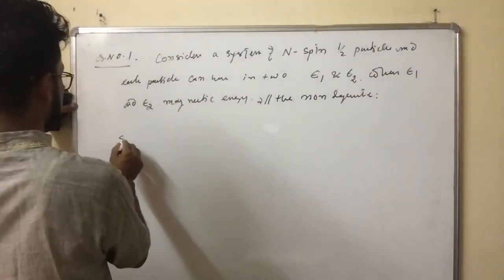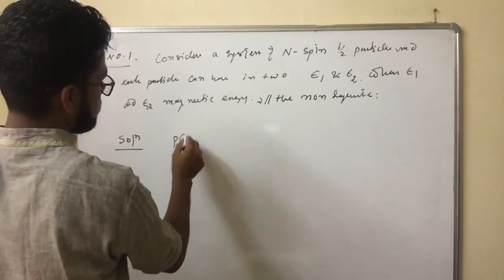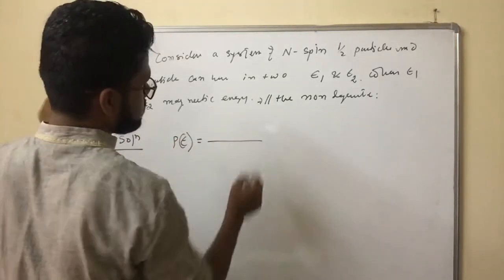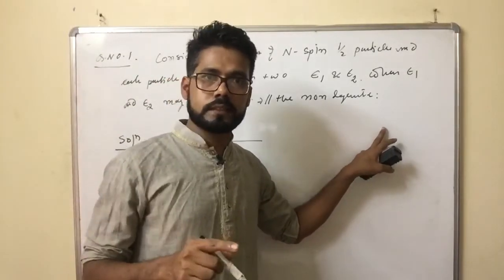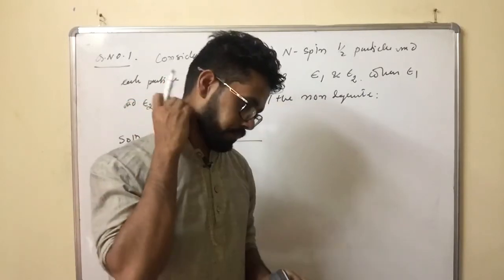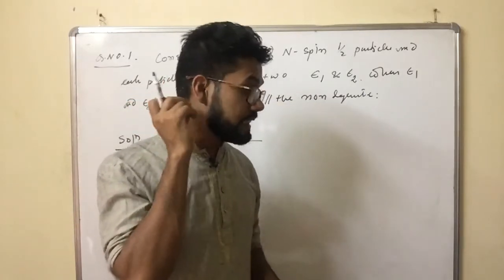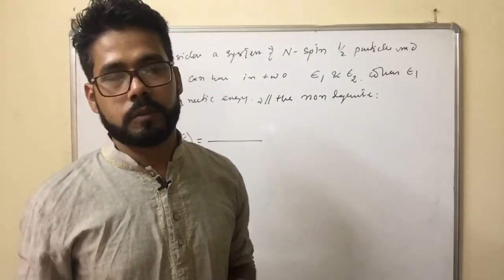So, solution. We know the probability formula. You better write down the formula, because this is a non-degenerate system. A non-degenerate system means its levels have degeneracy 1. And I want to tell you what degeneracy means from the quantum mechanical point of view.